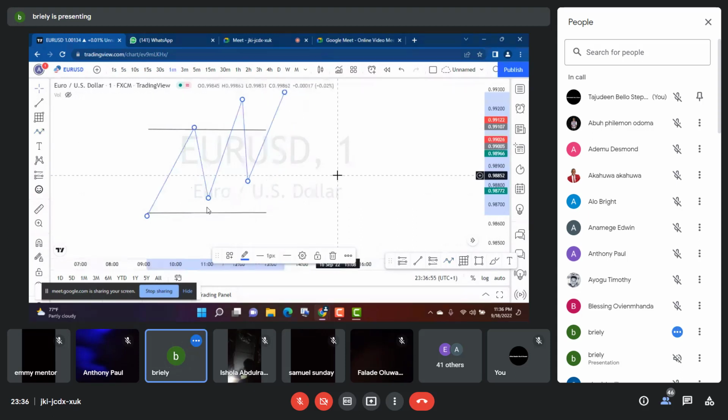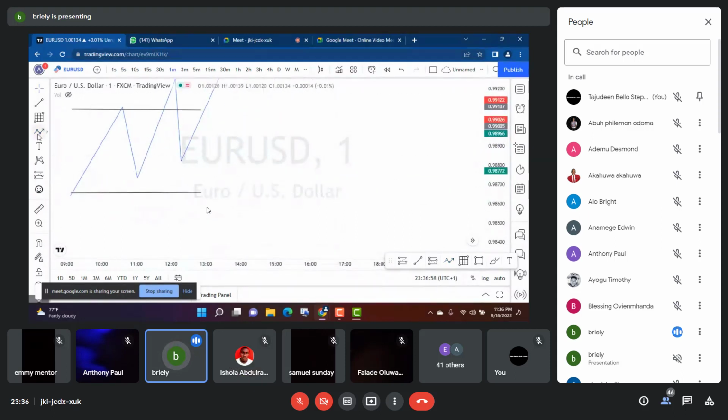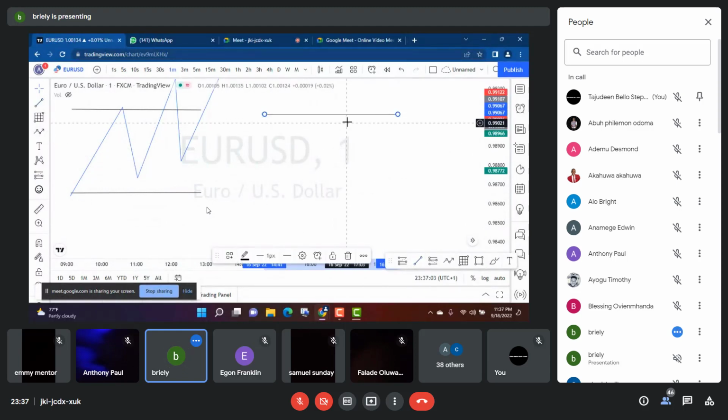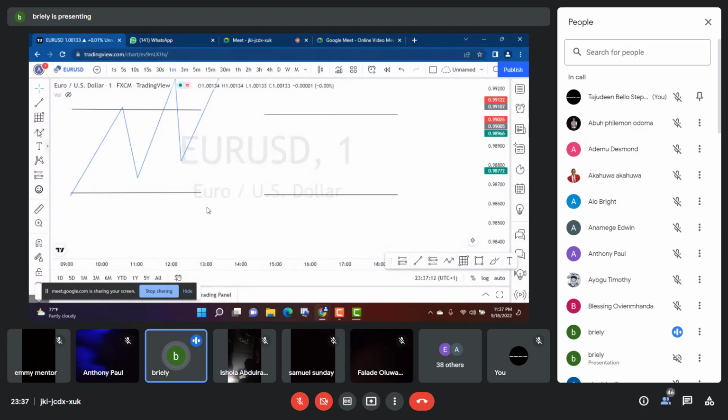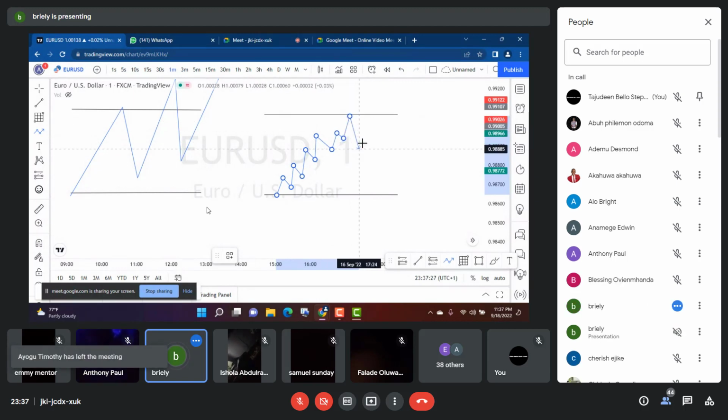That is our assumption. But then when you go to the 5 minutes or 1 minute, especially 1 minute, from this point to this point, on the 1 minute time frame, we see things like this, normal market structure. That is how you see it.